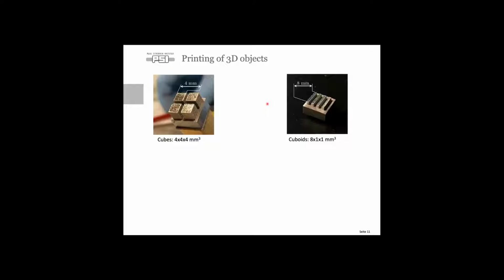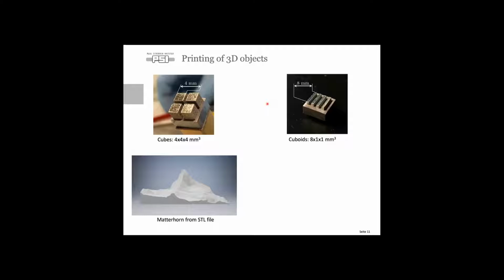With this printer, we can print full 3D objects, like in a commercial device. For our in situ or operando experiments, we typically print quite simple geometries, as shown here, so simple cuboids. But to show you that we can also print more complex objects, here is a 3D rendering of the Matterhorn mountain in Switzerland.